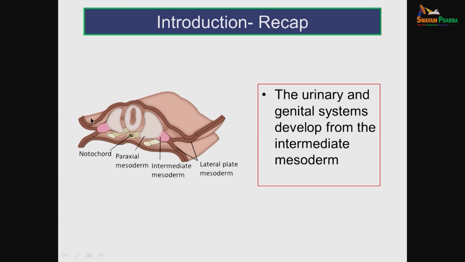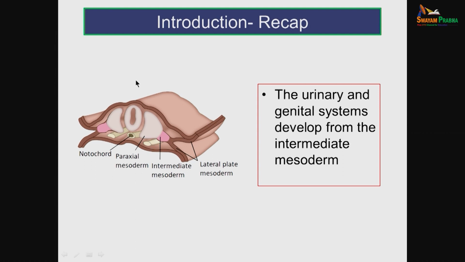So, the embryo has got 3 germ layers. This is the ectoderm above. In between is the intraembryonic mesoderm, and this one will be your endoderm. So, the embryo is in the form of 3-layered disc: ectoderm, mesoderm and endoderm.